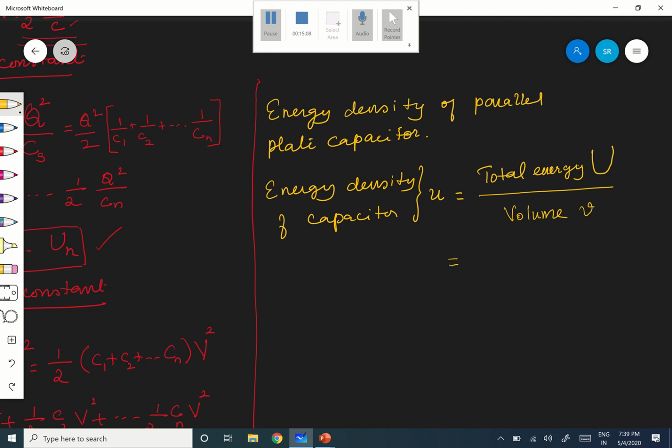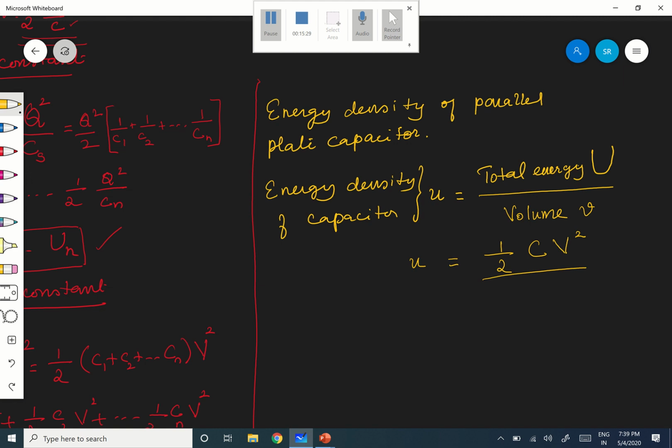Therefore, small u is equal to the total energy, which is half CV squared, divided by the volume. V is the potential difference between the plates, and C is the capacitance of the capacitor.